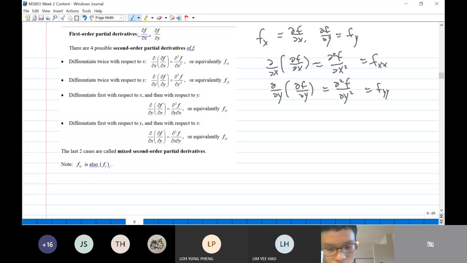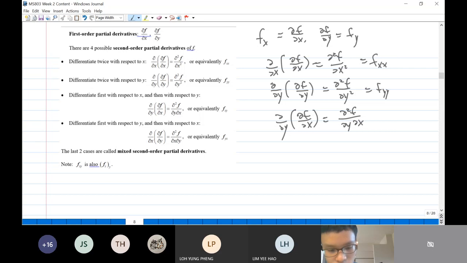The part that is confusing is what happens if you do x first and then y. If I differentiate with respect to x first, then with respect to y, how do you write this? You just follow the notation. Basically, it's differentiate with respect to x first, then y.